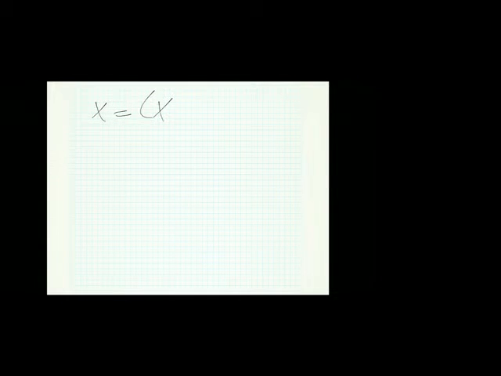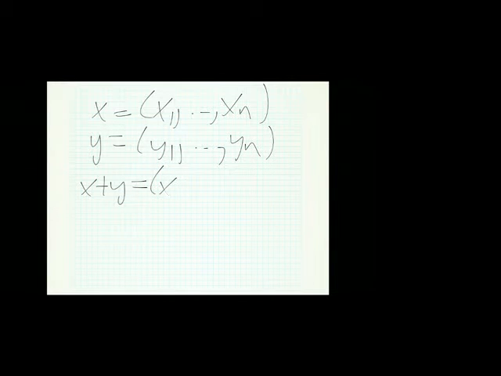If x is an element of Rn and y is an element of Rn, we can define addition simply like this. So the first number is x1 plus y1, the last one is xn plus yn.